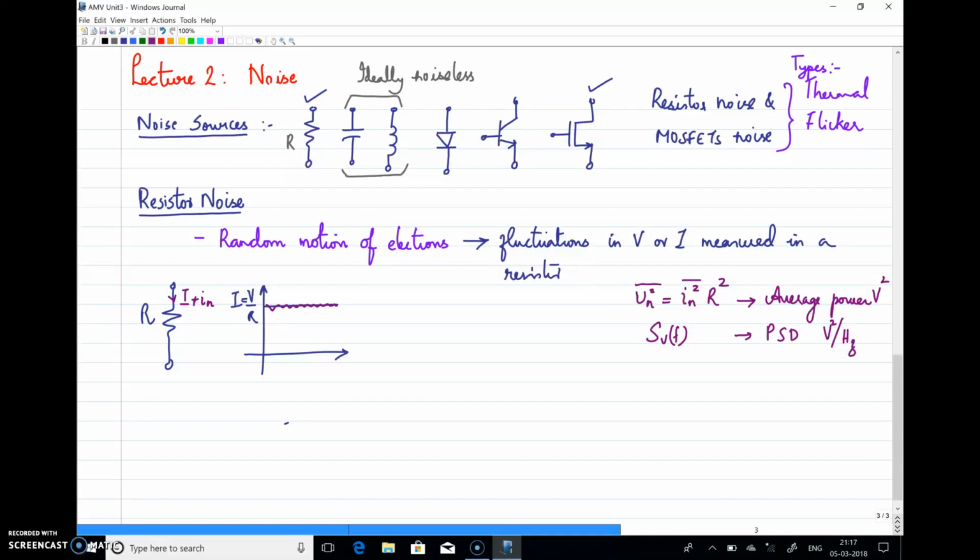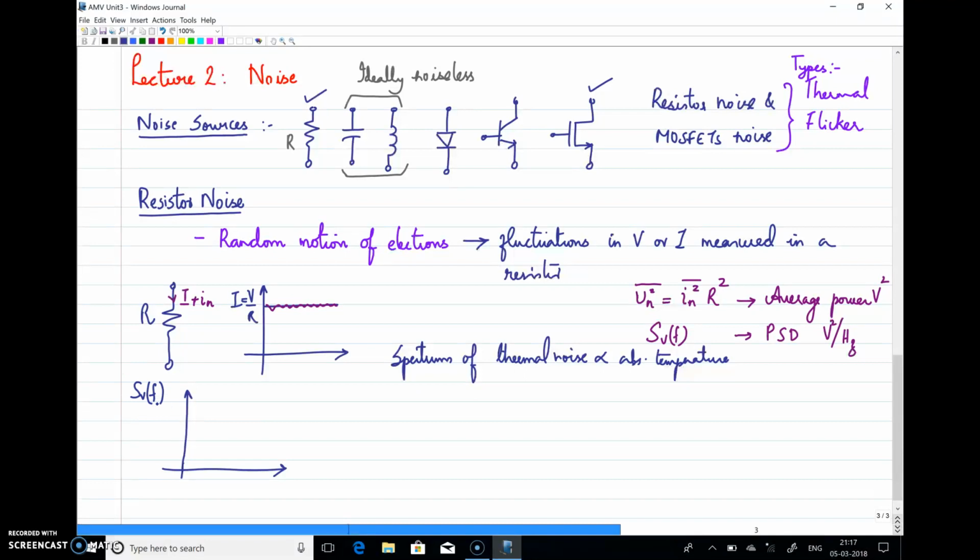Now, if you look at the spectrum of thermal noise, it is observed that the spectrum of thermal noise is proportional to absolute temperature. When I say spectrum, what I am drawing here is the power spectral density, SV of f.